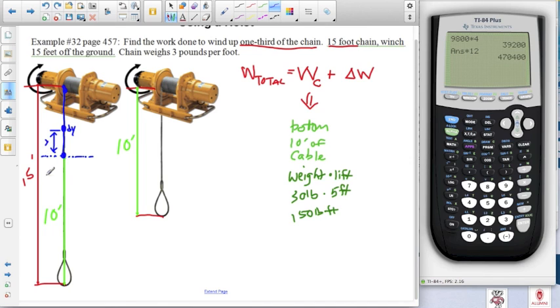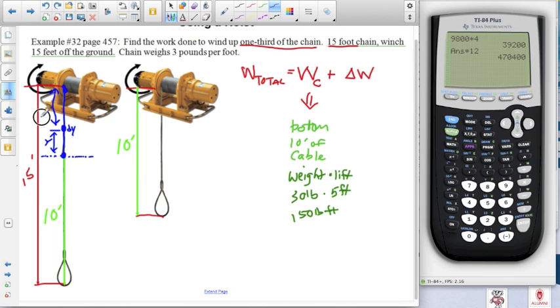y above the origin. And so the lift, which is this portion that we're lifting, this incremental link from this location up to the drum. So this is our lift function, or our distance function. And we're talking about lifting it 5 feet.